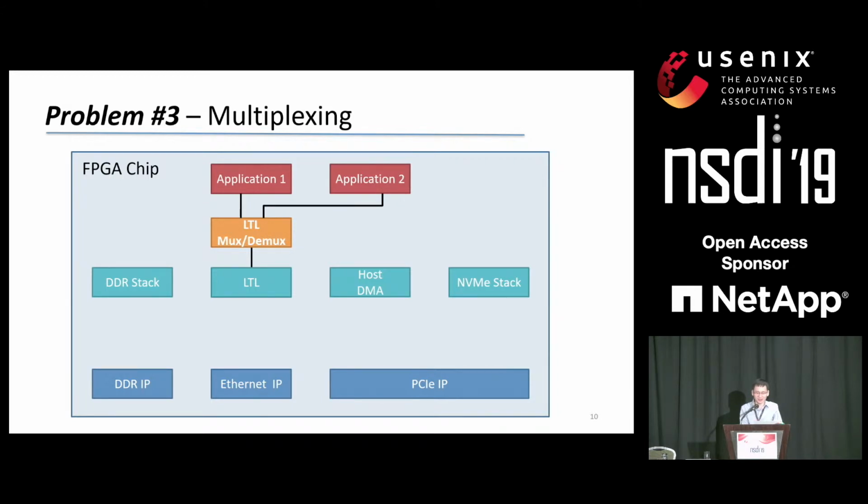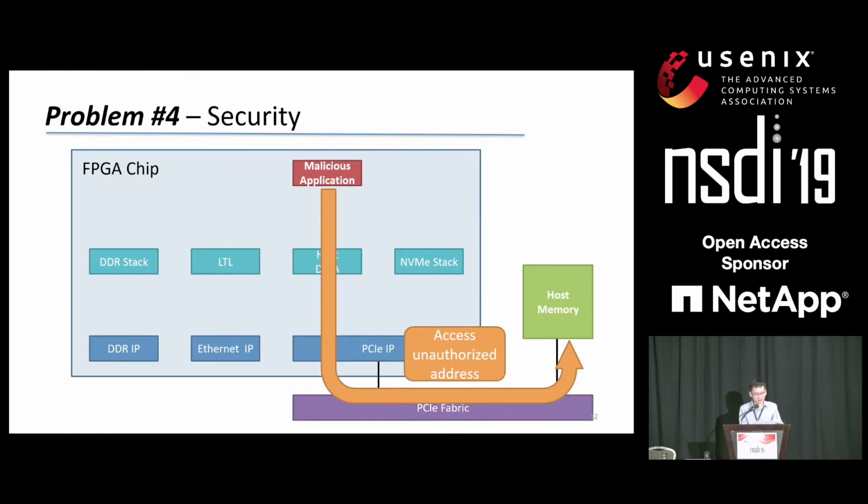They need to collaboratively write a multiplexer to handle this. And the multiplexing problem also exists between stacks. Currently, there is no general physical interface multiplexing scheme for current FPGA applications to simultaneously access local host DRAM and the local SSD without modifying the underlying stacks.